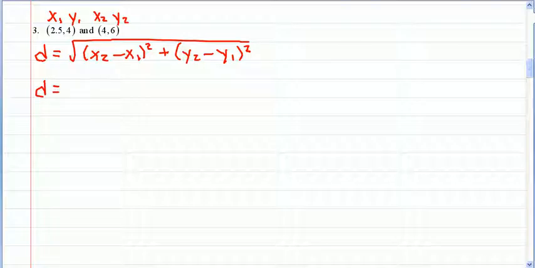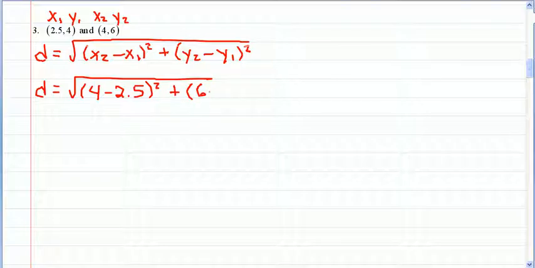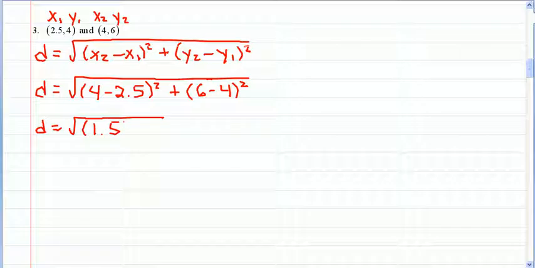And we substitute the numbers in, and x2 minus x1 is 4 minus 2.5, and then we'll square this, plus y2 minus y1 is 6 minus 4, and then we simplify the parentheses. 4 minus 2.5 is 1.5, so 1.5, and then 6 minus 4 is 2.